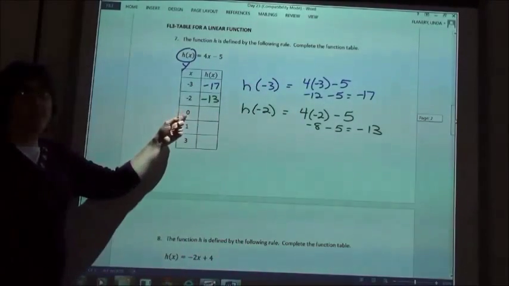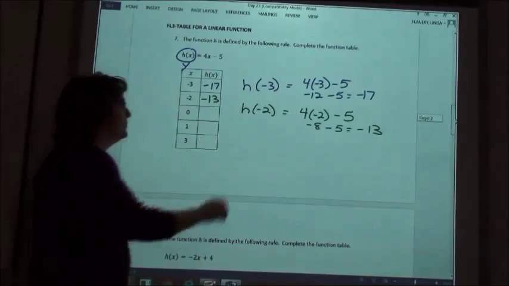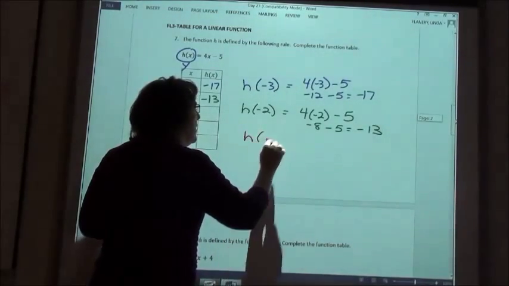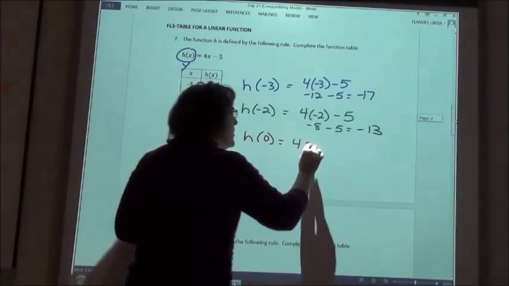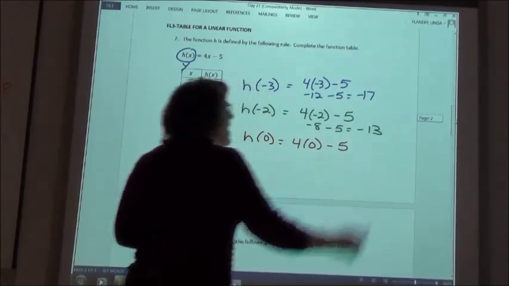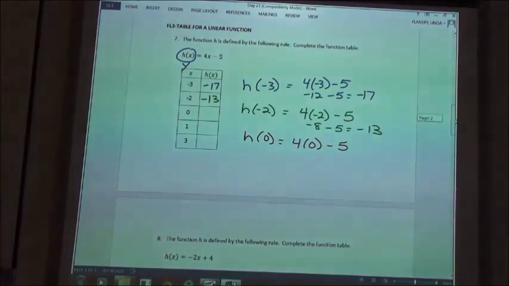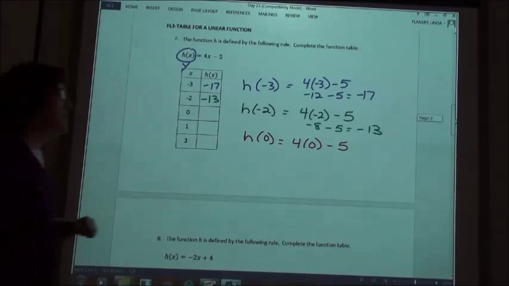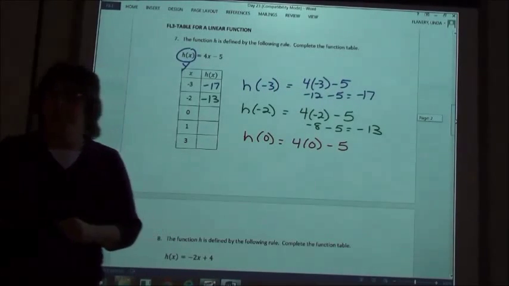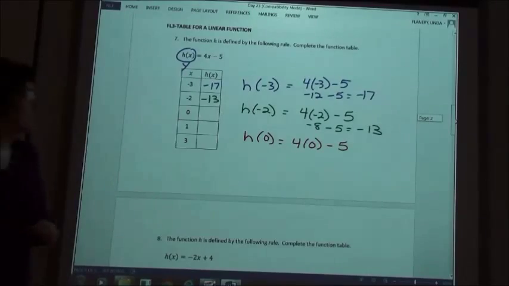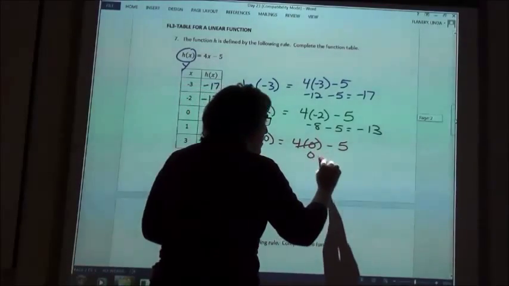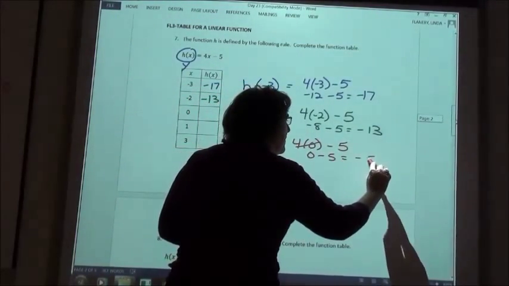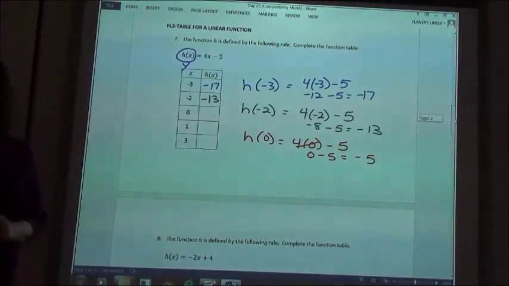So the next one says I'm going to do 0. H of 0 would be 4 times 0 minus 5. If we solve that one, we're going to have what? Four times 0 is 0, and 0 minus 5 gives us -5, right?